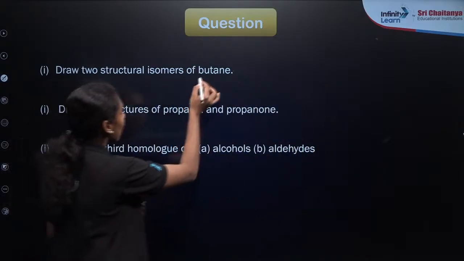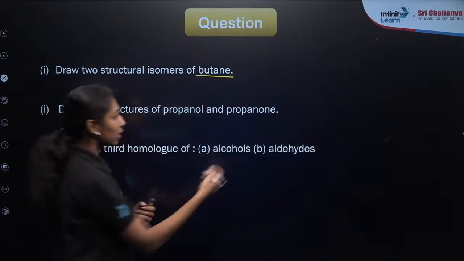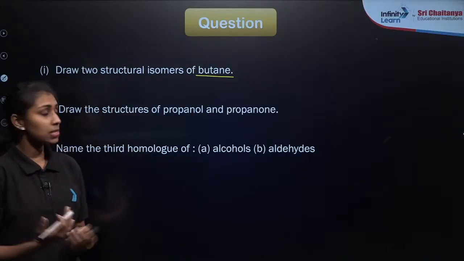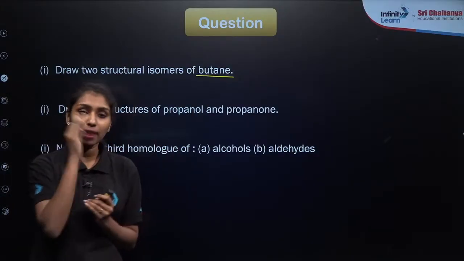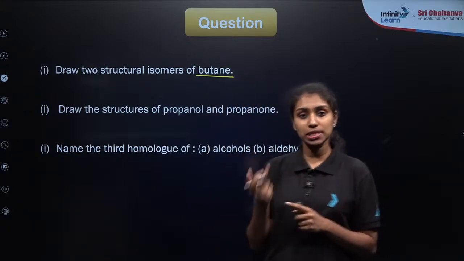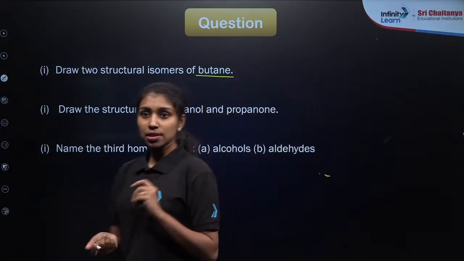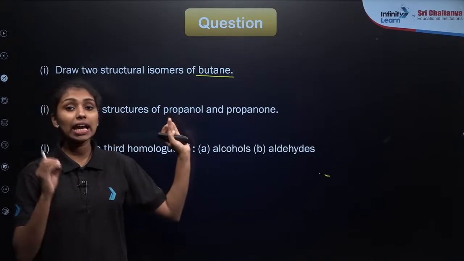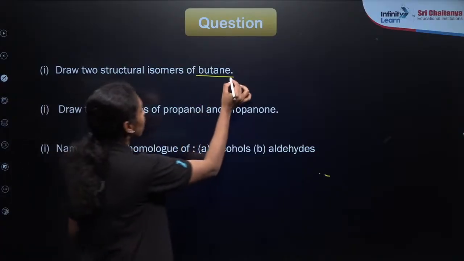So isomers are having the same molecular formula but have their difference in their structures, positions or the functional group, right? So that we have divided the isomers into 3 parts: chain isomers, position isomers and the functional isomers. So here we need to identify the chain isomers of the butane, right?